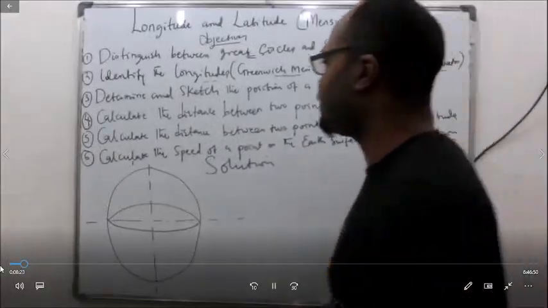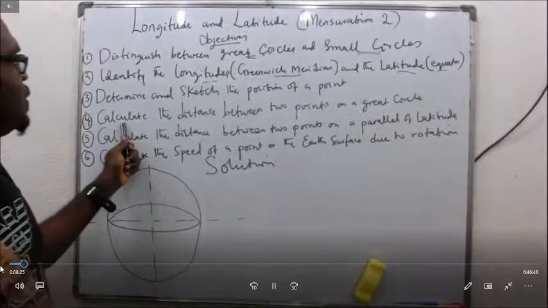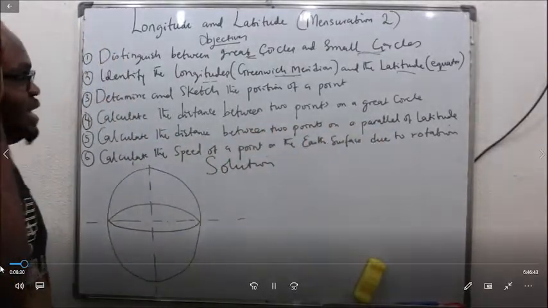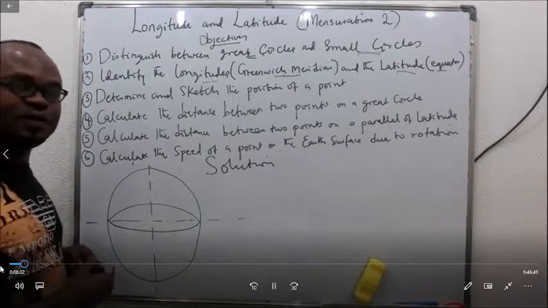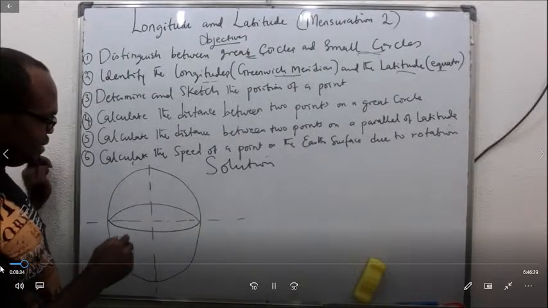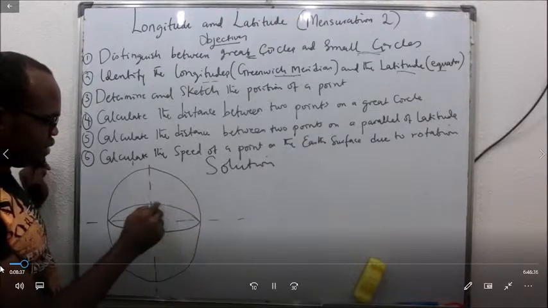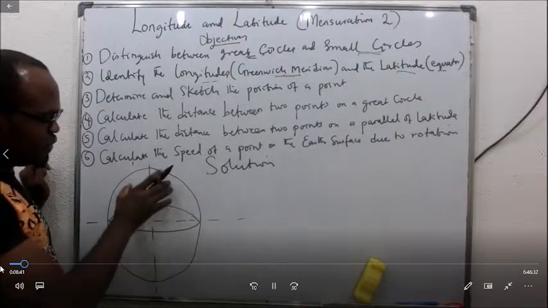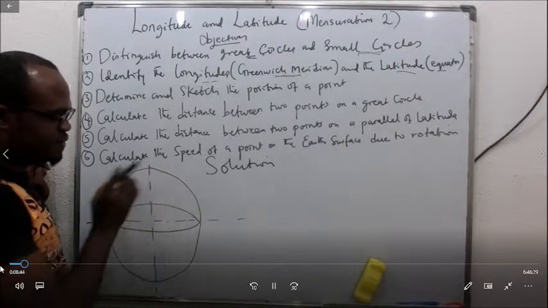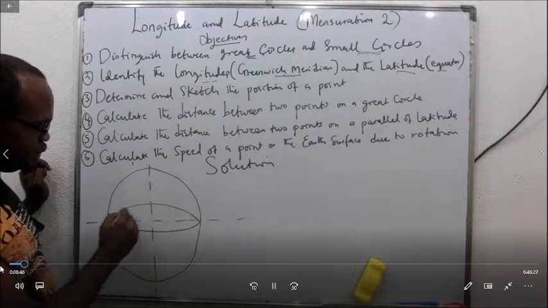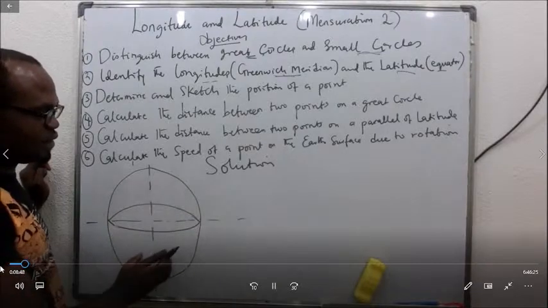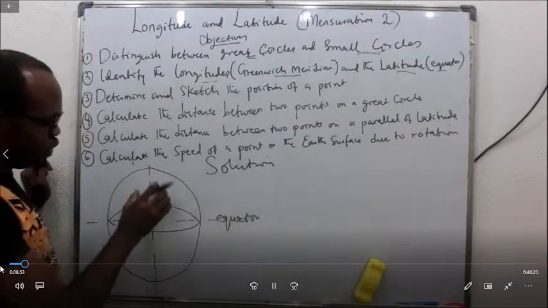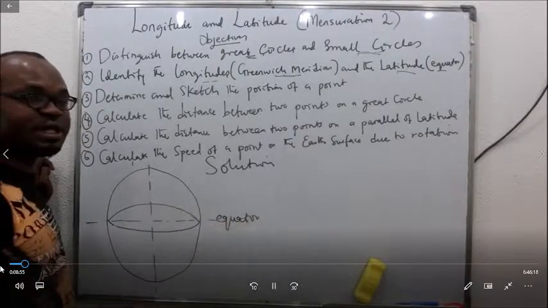Now, we should also be able to calculate the distance between 2 points on a great circle. And I told us that great circles are those circles that if you cut the Earth through them, you get perfect equal sides. So let's say you cut the Earth through this circle, you're going to have equal sides. Once you cut the Earth through the equator, you get two equal parts because the equator is a great circle.